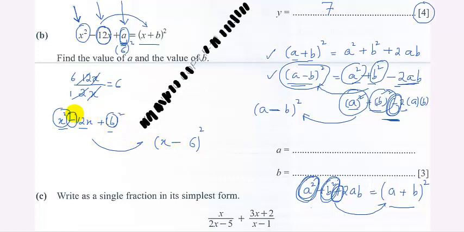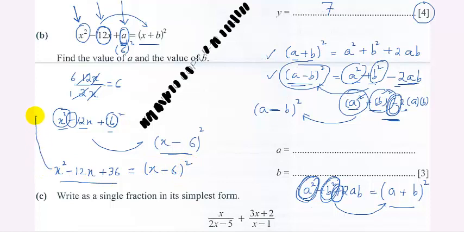So this is how we can convert this x square minus 12x, and here we have 6 square. So 6 square is basically 36, and I have converted this into whole square form, which is over here, (x minus 6) whole square.